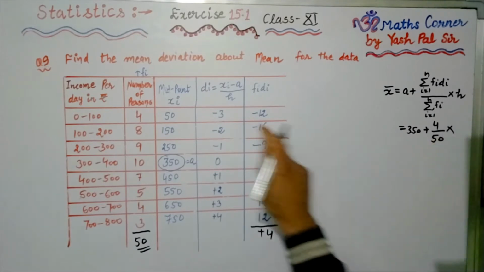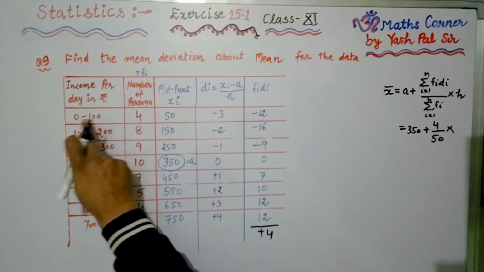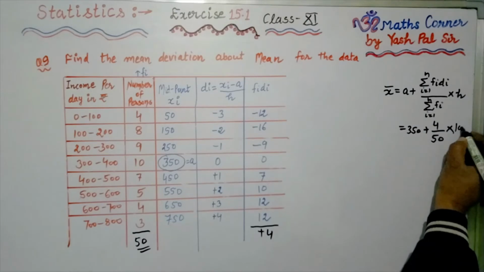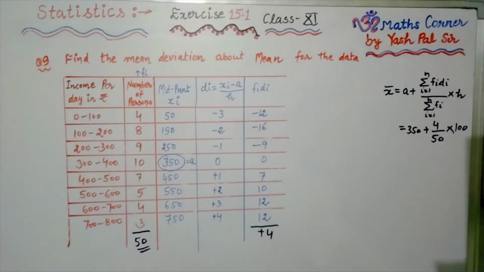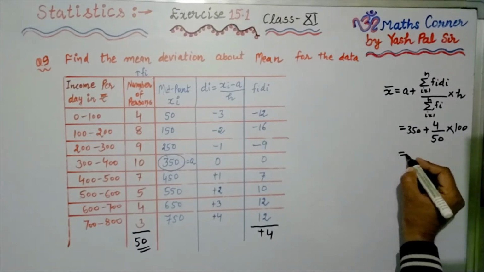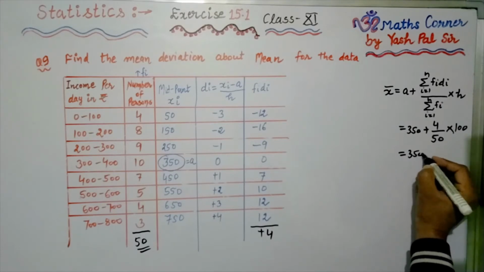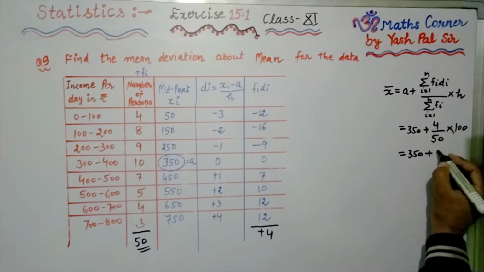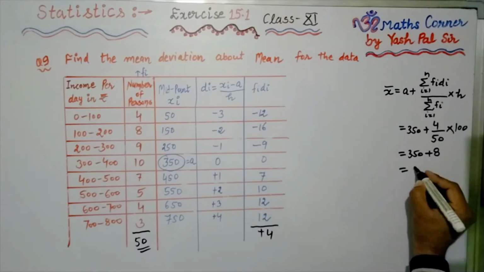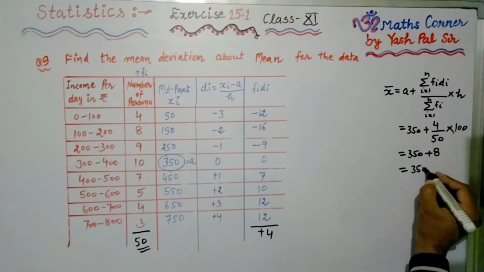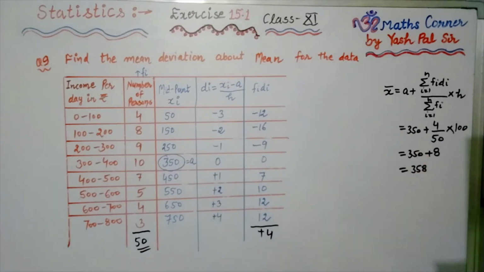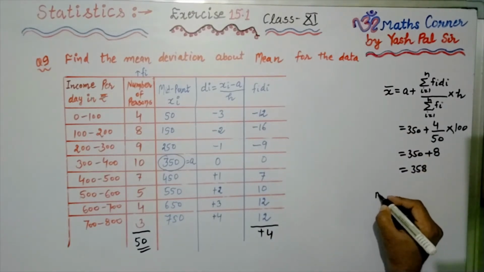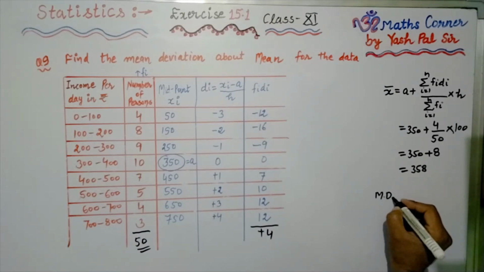Right? So divided by 50, into h. h is 100 minus 0, this was 100. Now what happens, this is equal to 350 plus 50 into 2, 2 into 4, 8. So 358 is the mean. Okay, now we find mean deviation.